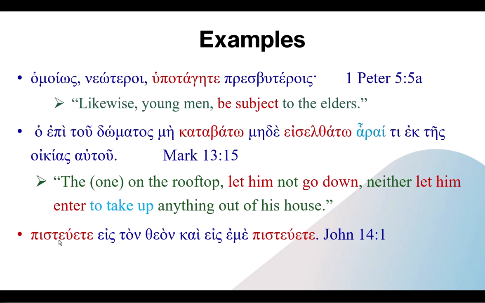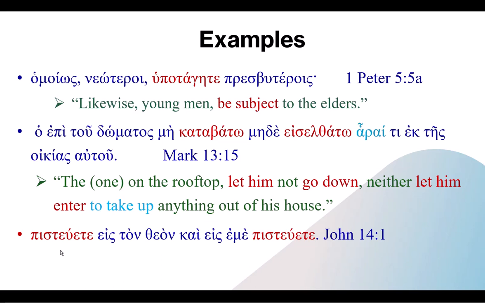It says, pisteuete eis ton theon, kai eis eme pisteuete. Well, pisteuete could be present active indicative, second person plural, or it could be present active imperative, second person plural.